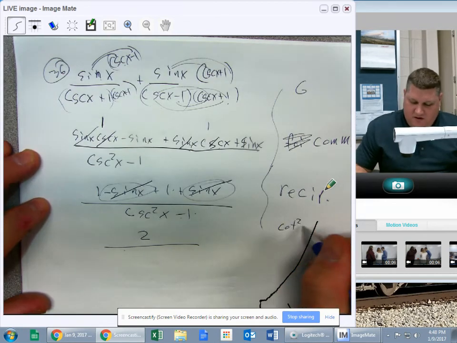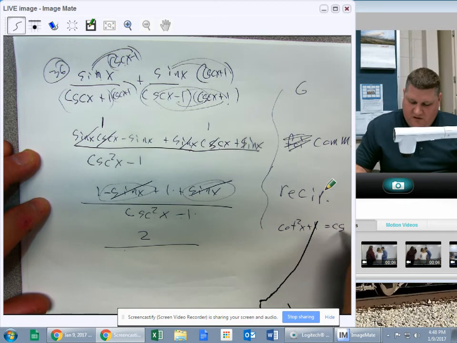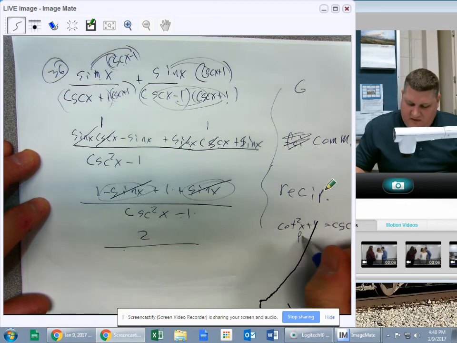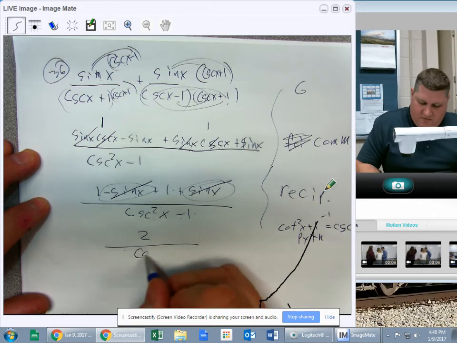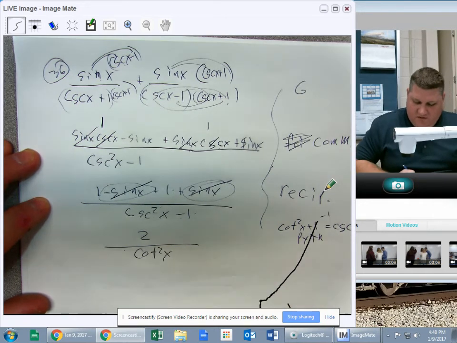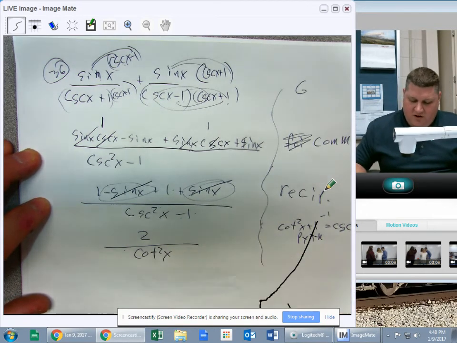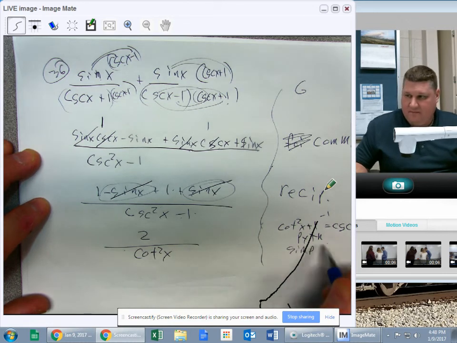So cotangent squared x plus 1 equals cosecant squared x. That's the Pythagorean theorem. If I simply subtract 1 from both sides, I'm good to go. That gives me cotangent squared x on the bottom. So I have 2 over cotangent squared x by Pythagorean theorem, and simplify.